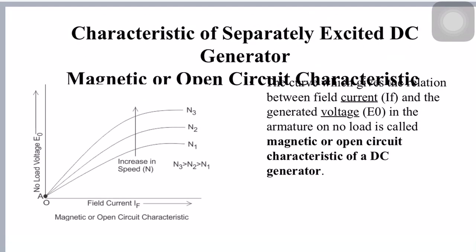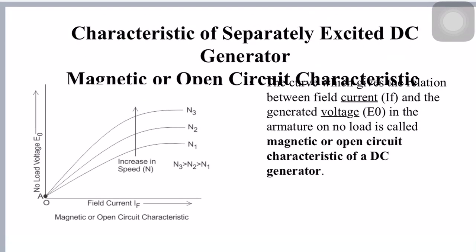The curve deviates from the linear relationship, the magnetic saturation of poles begins, and E naught comes to a final level.